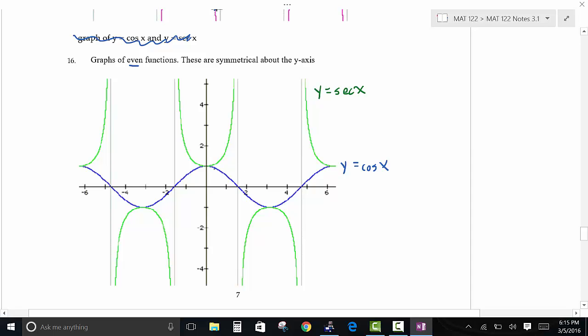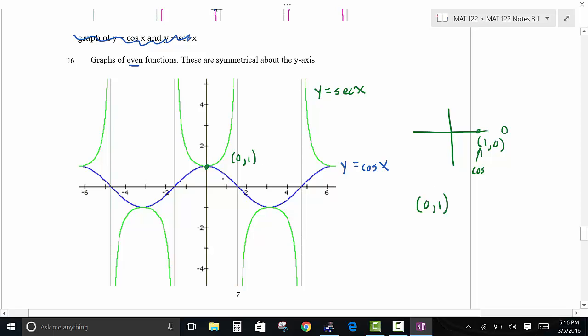So let's look at a couple of things here. This point right here on the cosine is the point 0, 1. We know the cosine of 0 is equal to 1 because on a unit circle, at 0 radians you have the point 1, 0, and the cosine is the x value. We would expect on an even function that if you changed the x value to its opposite, you would get the same value.